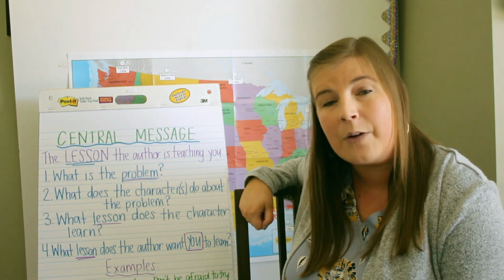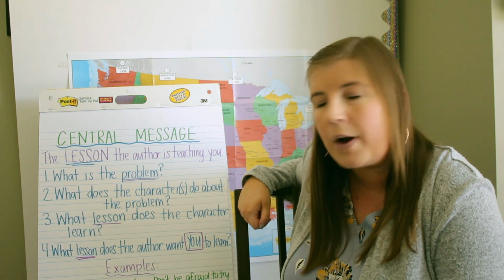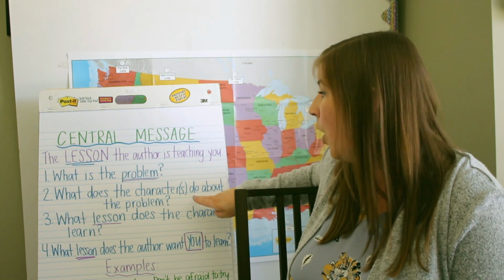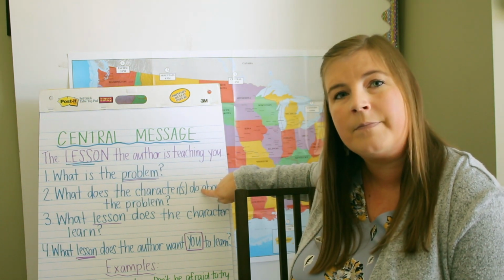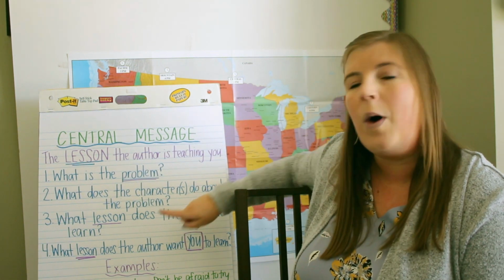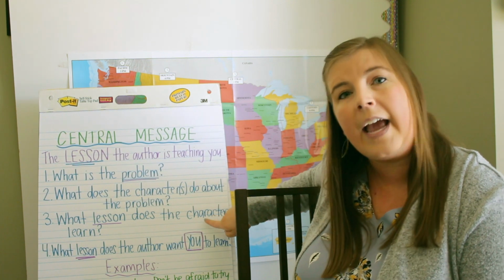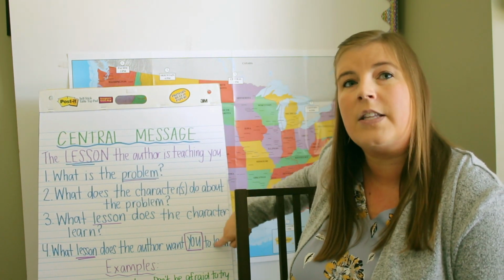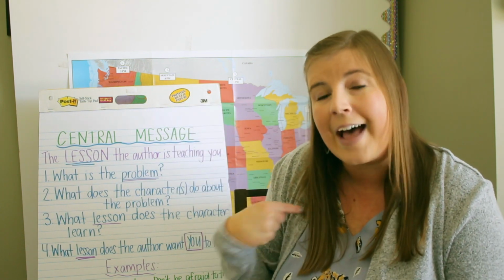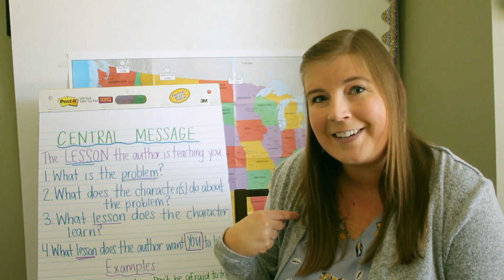After we have recounted our story, we will know what is the problem. Second, what does the character do about the problem? Third, what lesson does the character learn? And last, what lesson does the author want us as the readers to learn?